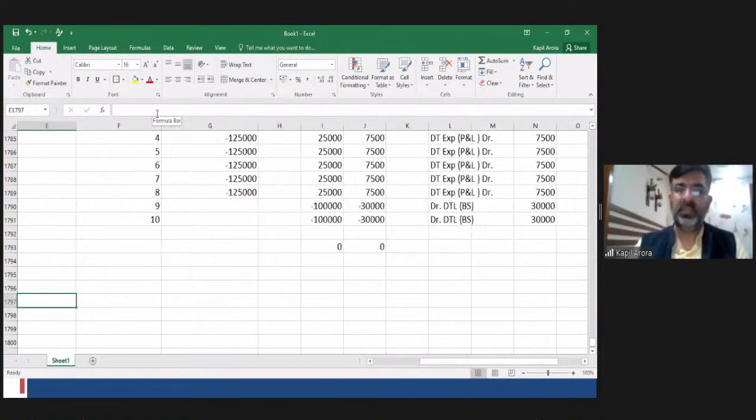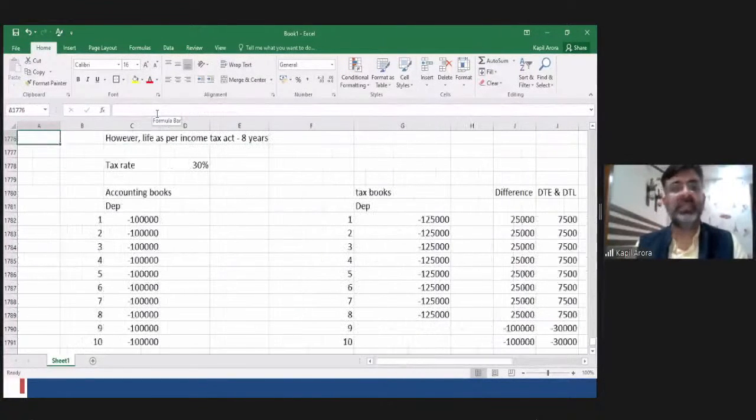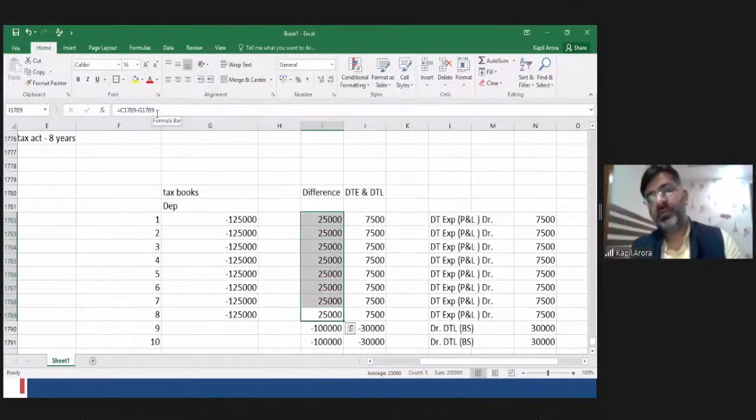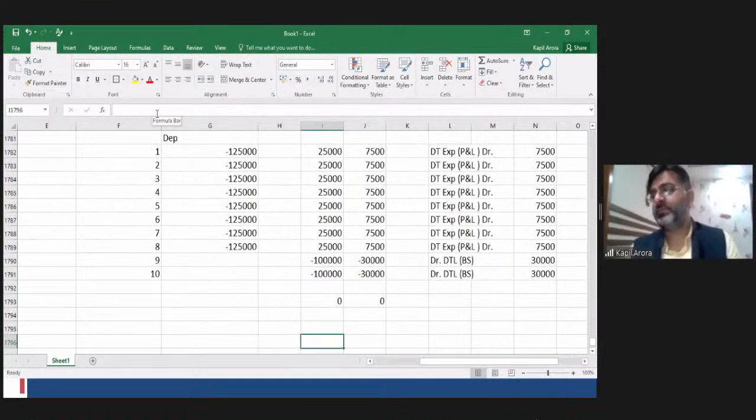So what has happened here? Again, to summarize it, I am having the difference of the depreciation in years 1 to 8, and the entire difference which we have created, which is of 2 lakhs, gets reversed in year 9 and 10.